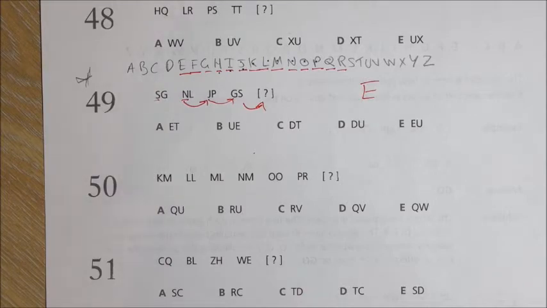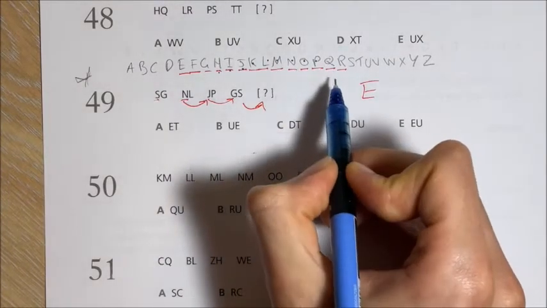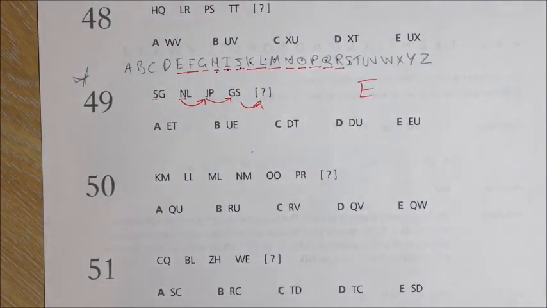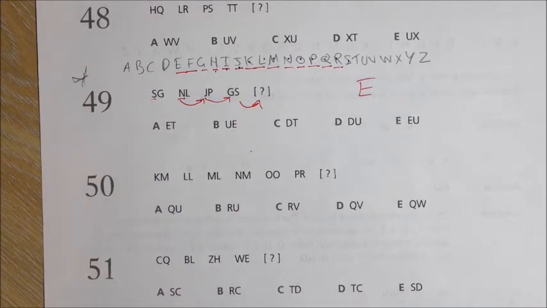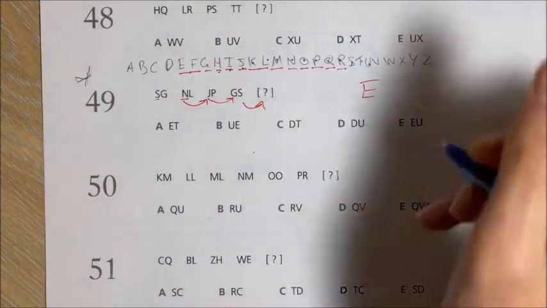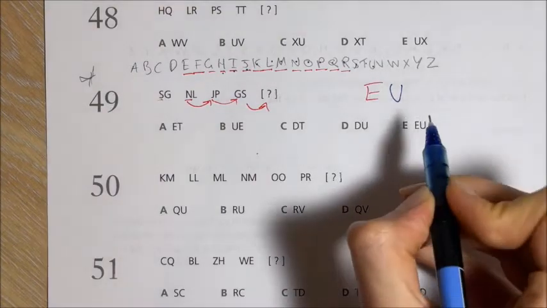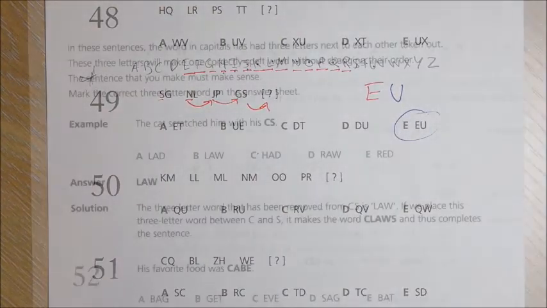To go from P to S, we need to go 3 letters. 1, 2, 3. So the final letter in our last pair must then be 2 letters away from S. 1, 2, the letter U. So we can see that the answer is EU.